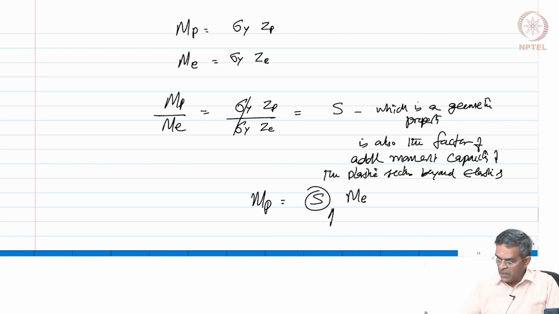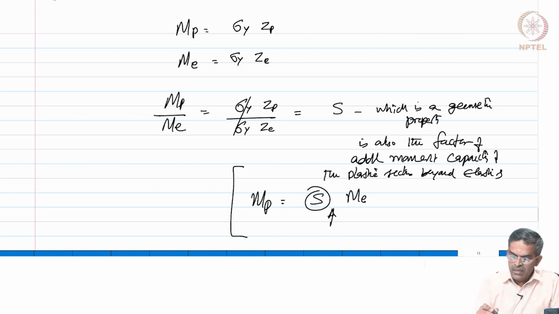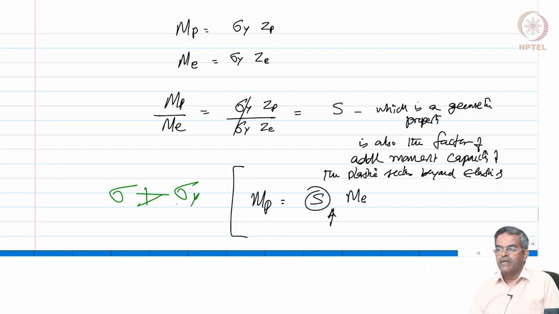So, shape factor is an additional capacity indicator of the fully plastic section from the fully elastic section. Please understand friends, at this stage stress is not exceeding yield, but still the term plastic is used because the deformation is plastic, not the stress. Okay? That is what it is.